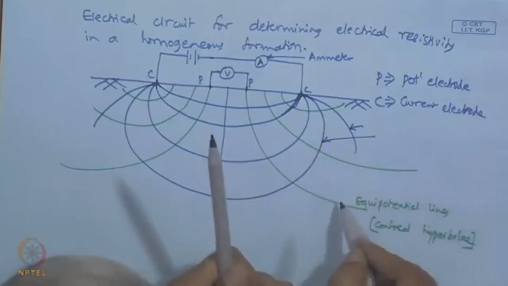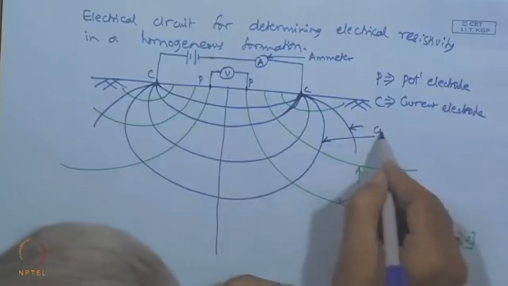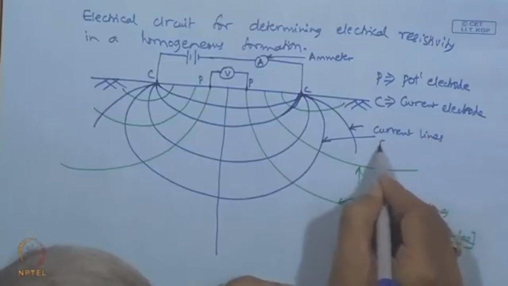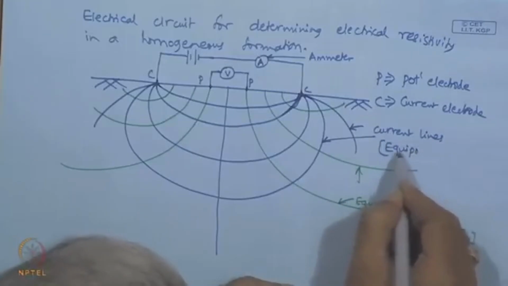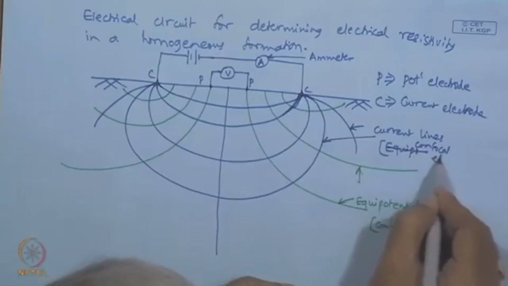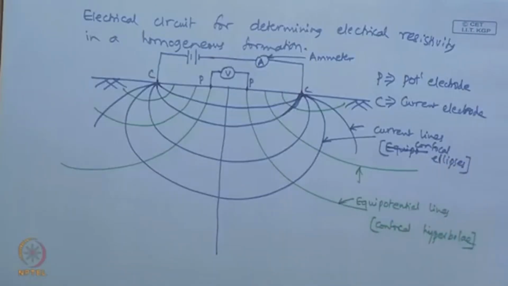So, these are the equipotential lines, and these are the current lines. I am sorry, these are confocal ellipses. So, this is the arrangement.